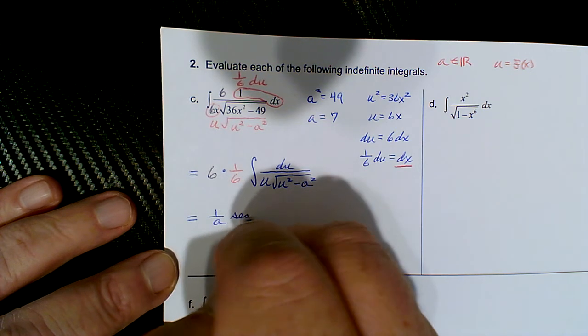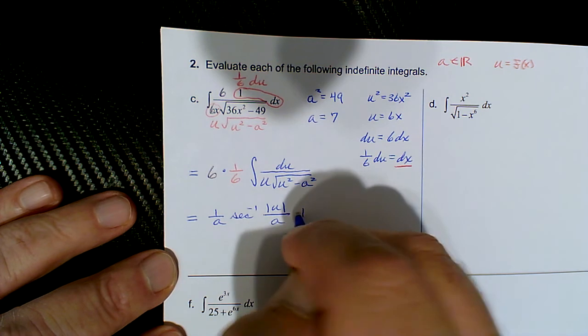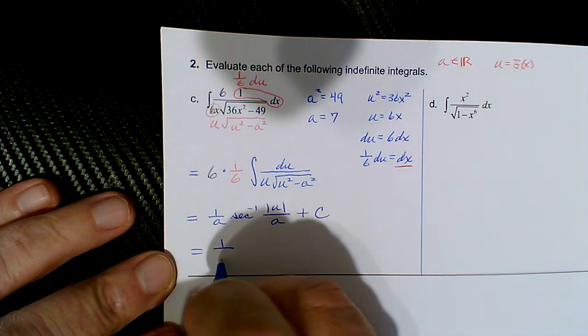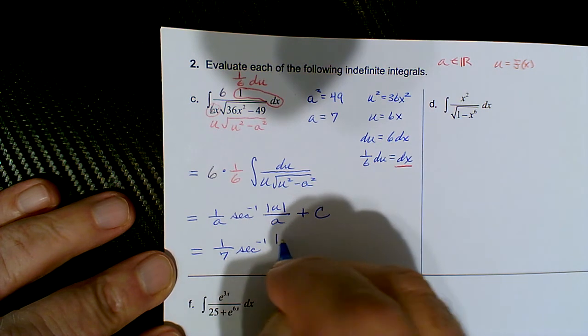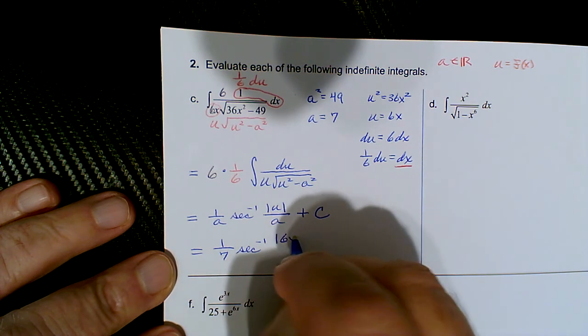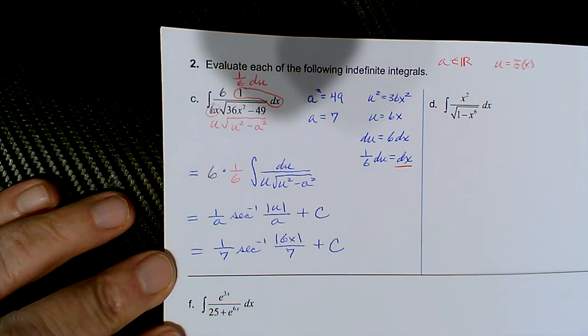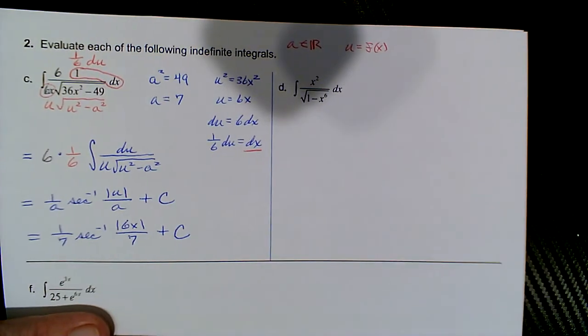That integrates to be 1 over a, inverse secant, absolute value of u over a, plus our constant at that point. And back substitute, a was 7, so 1/7 inverse secant absolute value of u, which was 6x, over a, which is 7, plus our constant.